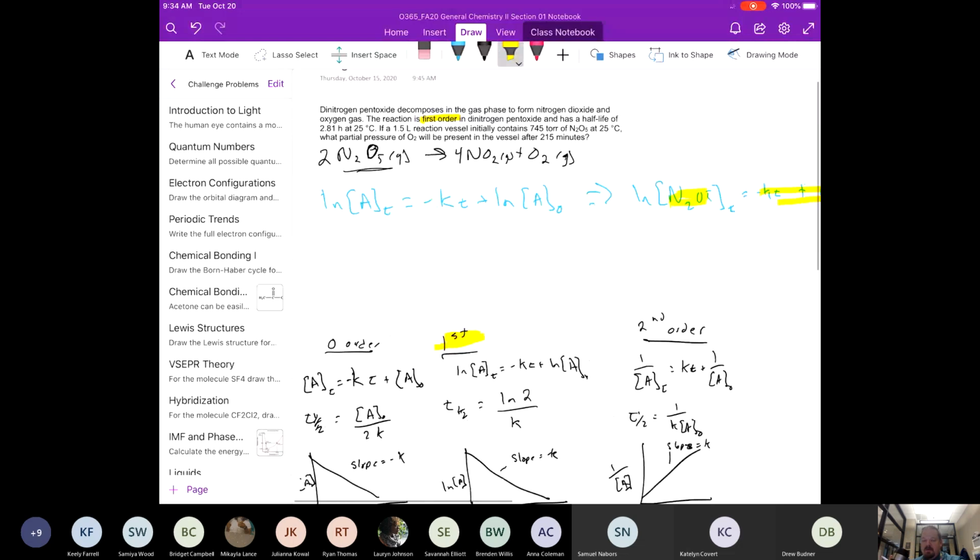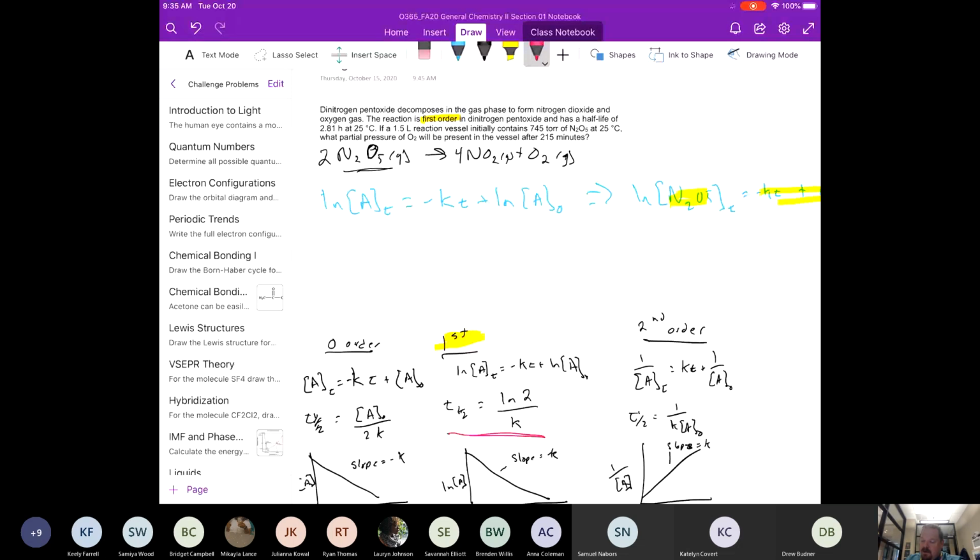Well, we know that the half-life is 2.81 hours, and we know from down here that the half-life of a first order is the natural log of 2 over k. So if we know the half-life, we can calculate the rate constant.